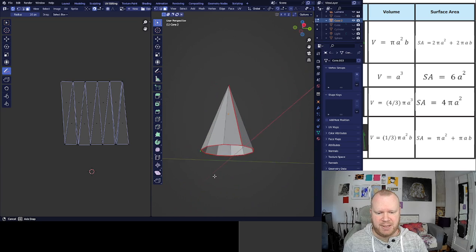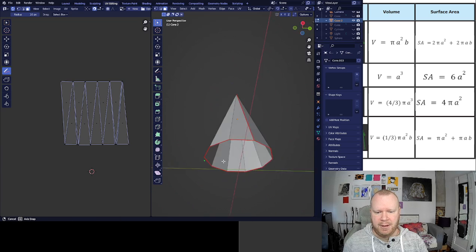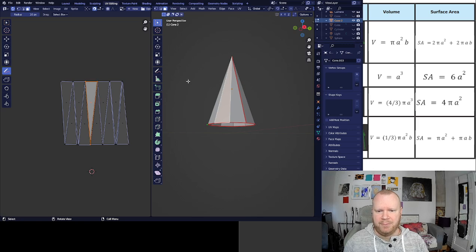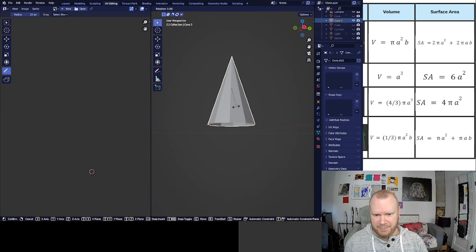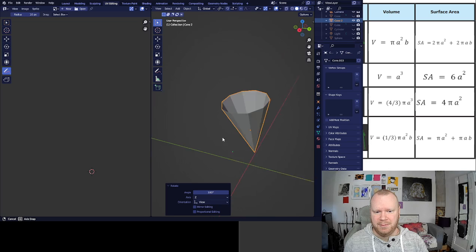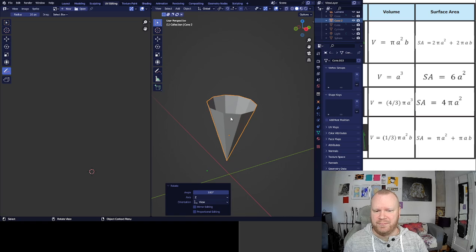So I might say, hey, I want to model this hat, and I want the surface area of this hat. There are lots of little things I can do just to make sure everybody's on the same page. I can say, hey, I want to make a paper cup. How much surface area do I need for this paper cup? And I'll give you all the dimensions here and here.